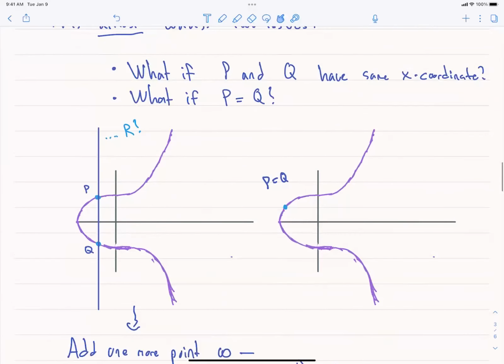So that fixes this problem, because now if I take the third point of intersection, I get infinity. So now this is my third point of intersection.